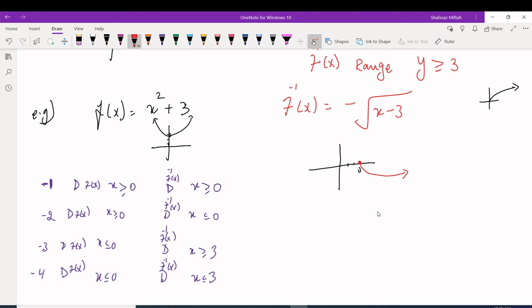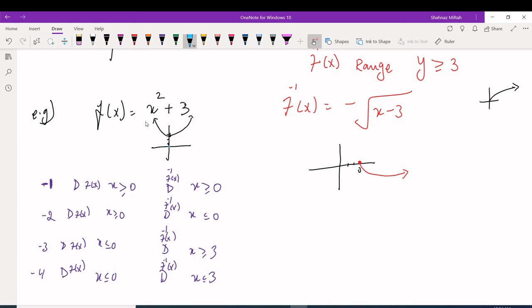Now, how do you answer this question? You're going to go one by one through each answer and see which one is true. So let's try the first one. They said the domain of this function is x greater or equal 0. So this is 0, and I'm going x greater or equal 0. So I'm starting with 0 and I'm going greater than 0. So yeah, that's true if that's the restriction of this function.